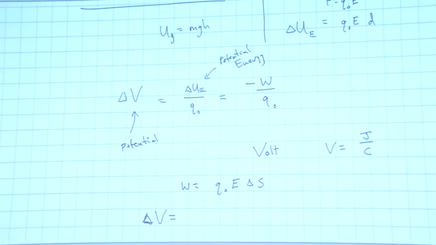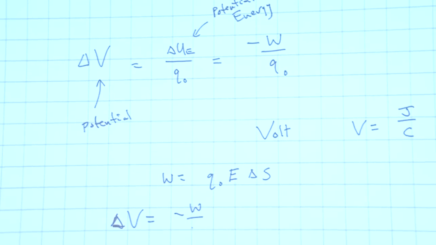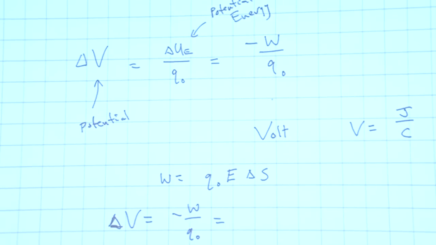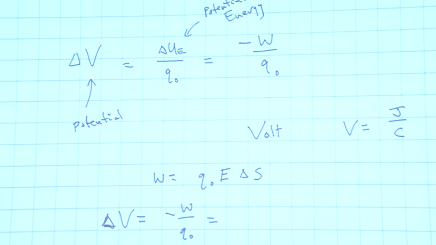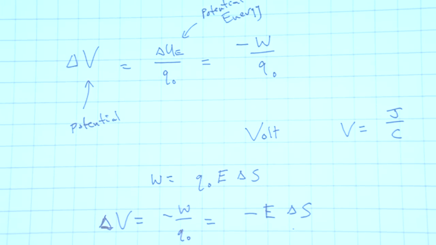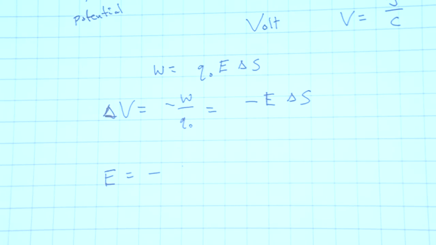Our delta V is going to be, because it's negative W over the charge, right? I just had that written up here earlier. I'm going to plug in what W is, and we get negative E delta s. So we have this relationship. The electric field is the rate of change of the potential with distance, whichever one of these you like.